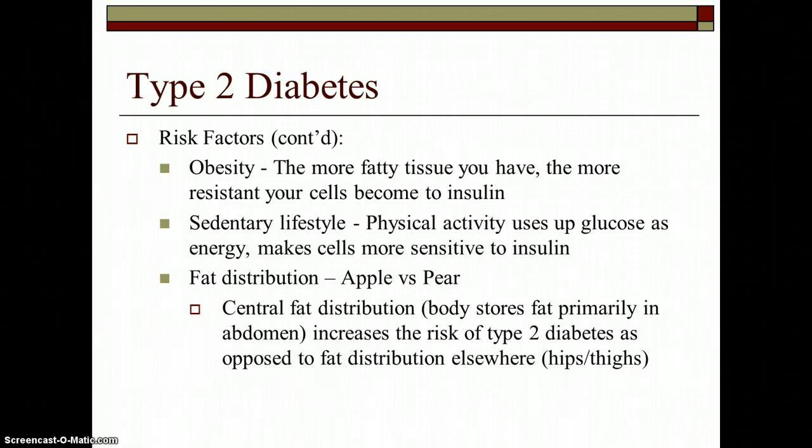Fat distribution: if you're somebody who carries their fat around their core, so their body stores are more around their abdomen or in an apple shape, then they would be at increased risk than somebody who has fat distribution elsewhere, such as a pear shape, like around their hips and thighs.